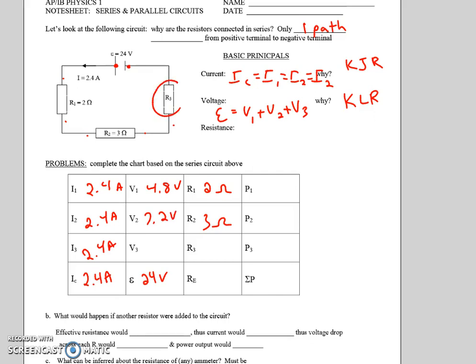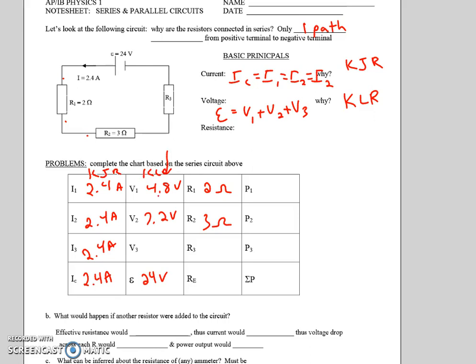Now for R3, we don't know its resistance yet, but we can figure out what it must be. If we go across on this chart, this is a really handy chart, you can apply Ohm's law. When we go down on this column, we are doing the Kirchhoff's loop rule.